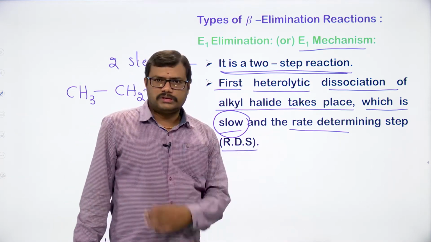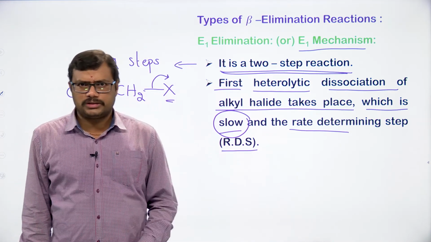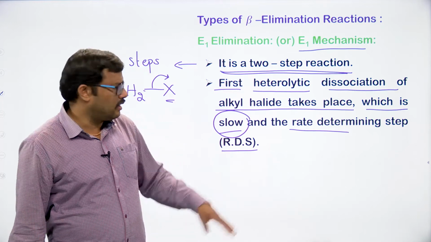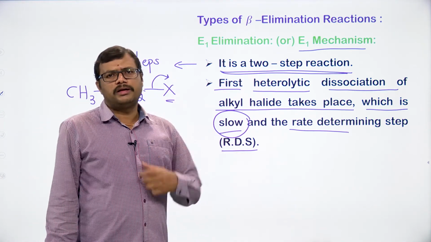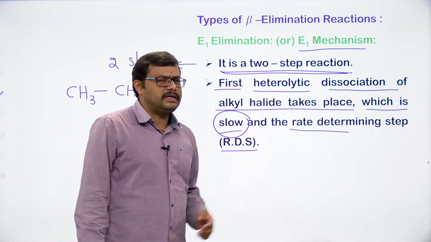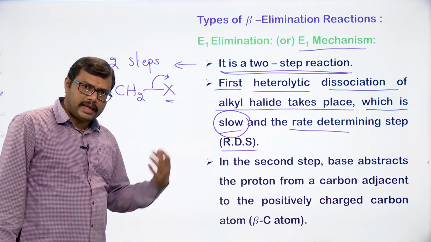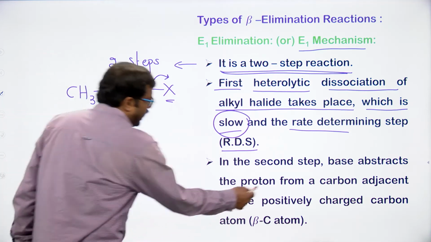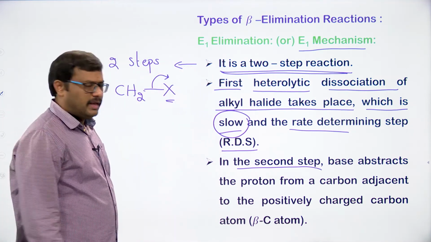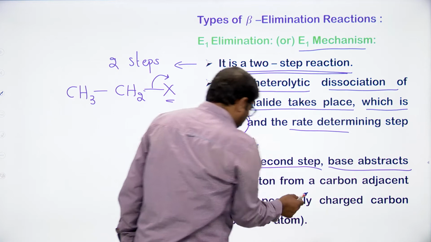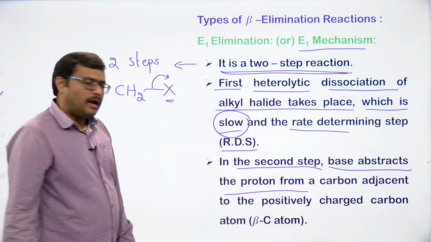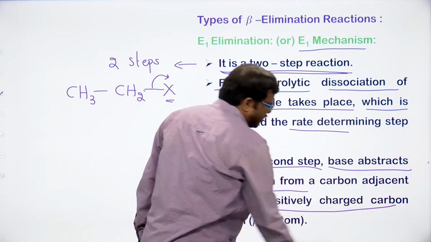Since that step is the slowest step, it is used in rate determination, or speed determination, of how fast the reaction is taking place. So, this is the first step that is going to take place. In the second step, the base abstracts the proton from a carbon adjacent to the positively charged carbon atom.